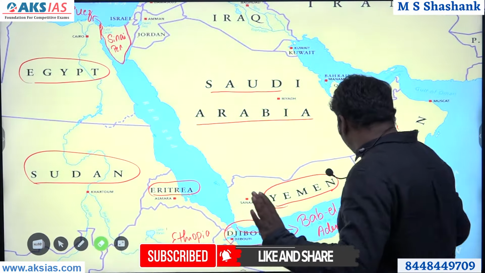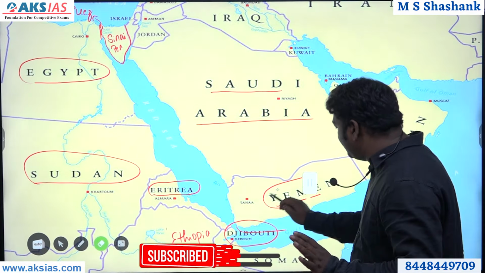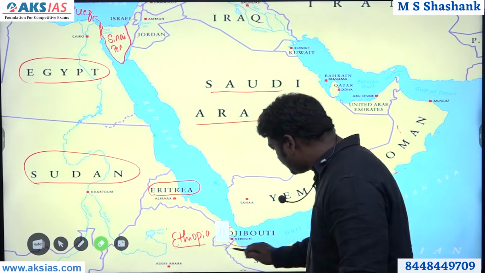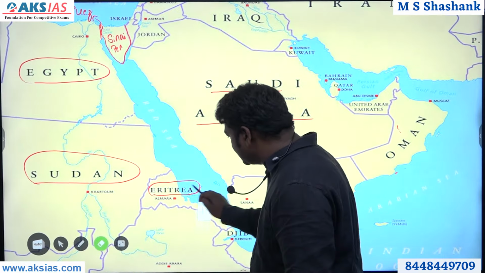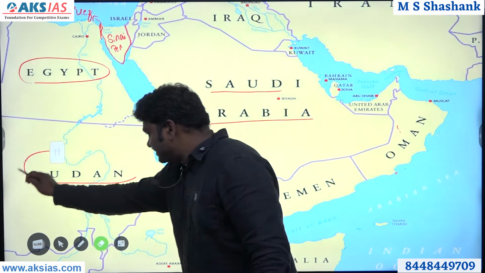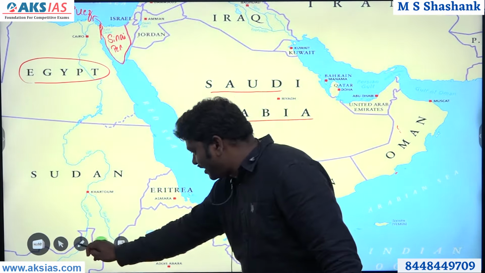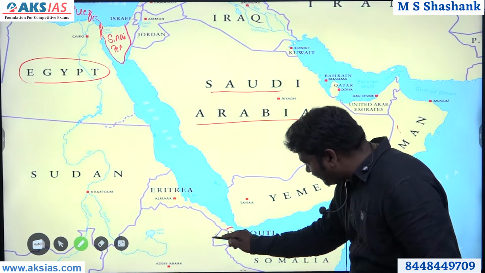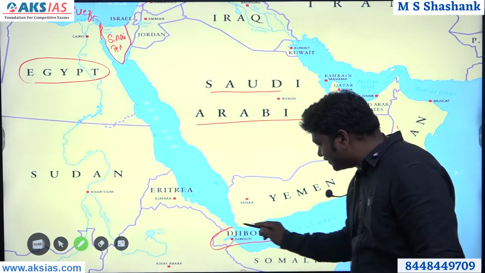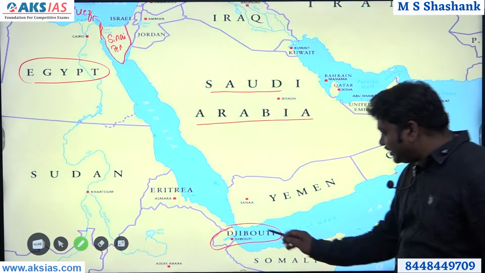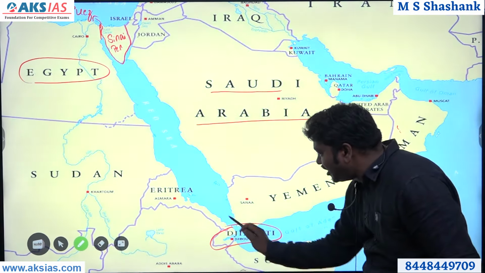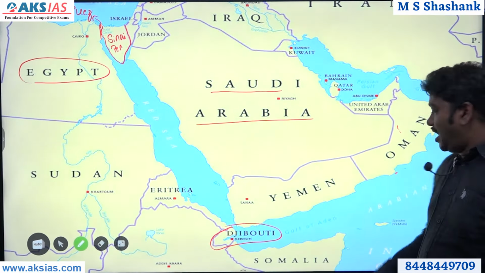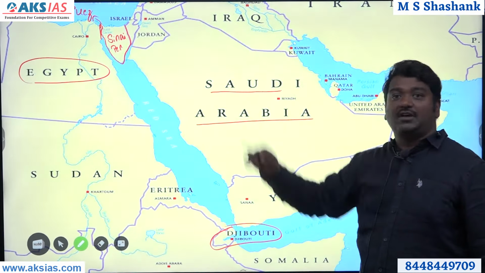If you start believing that you are an IAS officer or IFS officer, where you need to make policies for the country, you must be very, very careful about this particular country, because that is exactly the entry point of the Red Sea. How will India do business with Europe?